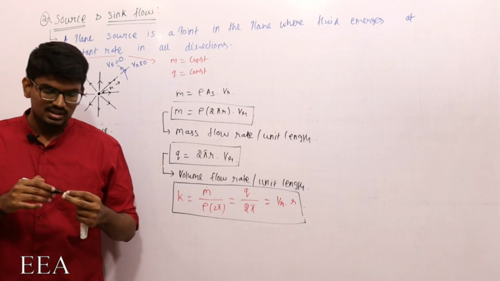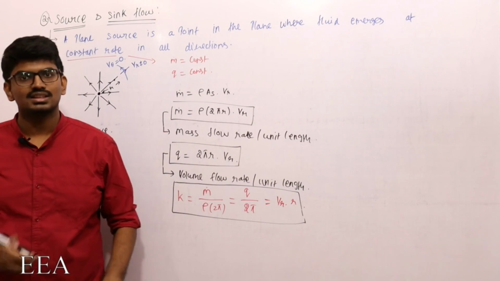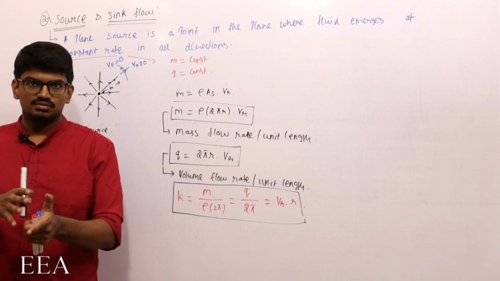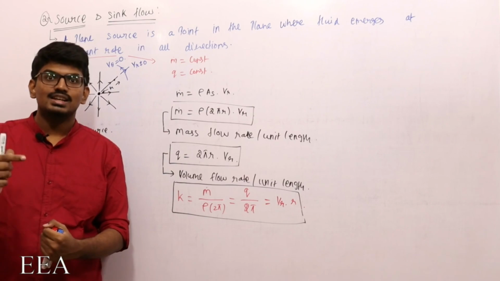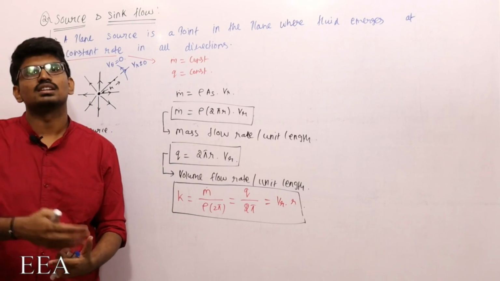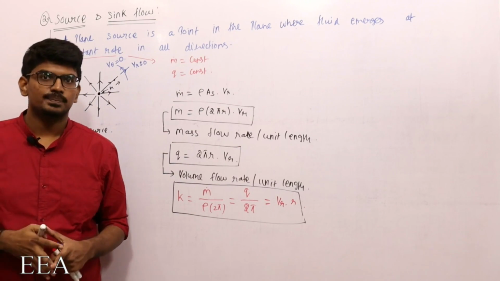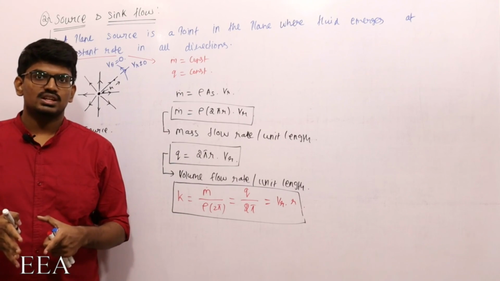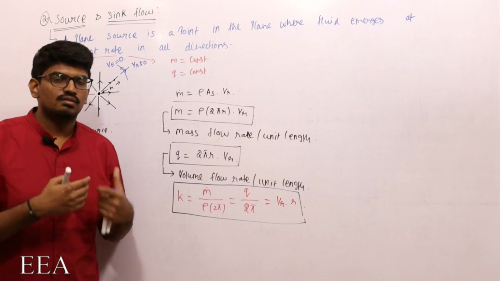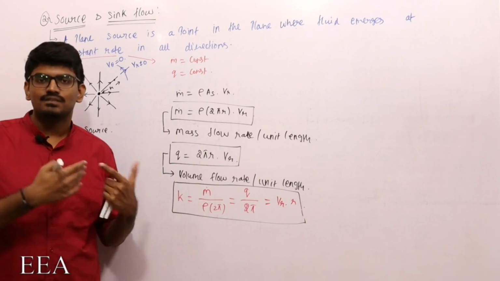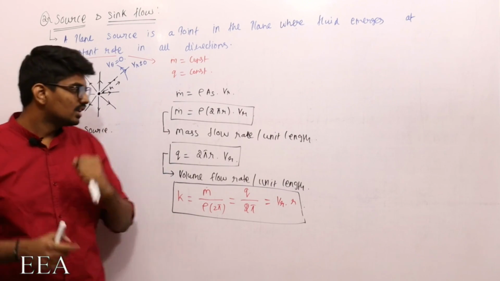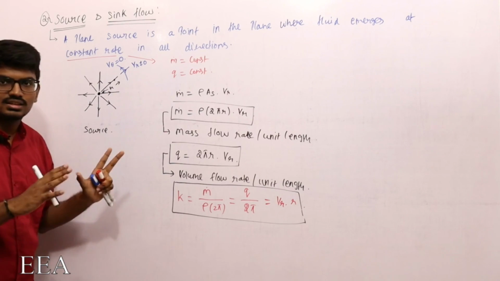So how to define the strength of a source or a sink? Simply, strength will be equal to its radial velocity if its radial distance from the source or sink is 1, or unity. You need to note down these 3 things.